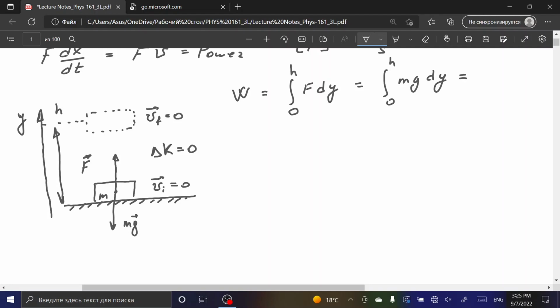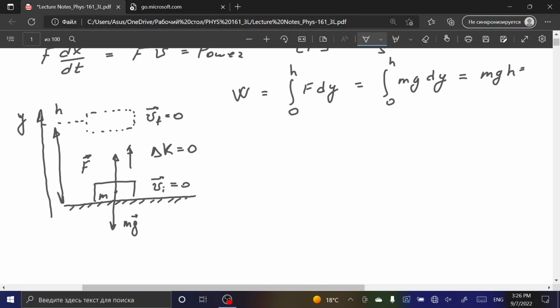So that eventually will be mg times h. That is the work done by the external force to move this block from the ground state up to its new position, which we call the excited state.